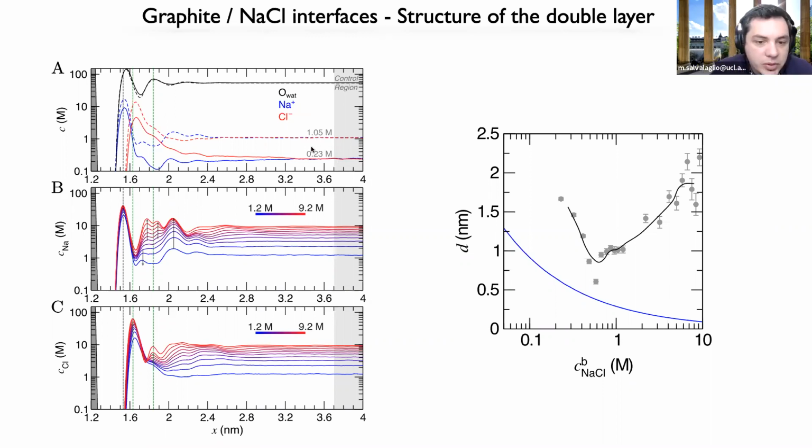So if we start from the most diluted case, here we see that there is a buildup of Na plus ions close to the interface, and that the formation of this positively charged layer is followed by the formation of a negatively charged layer.